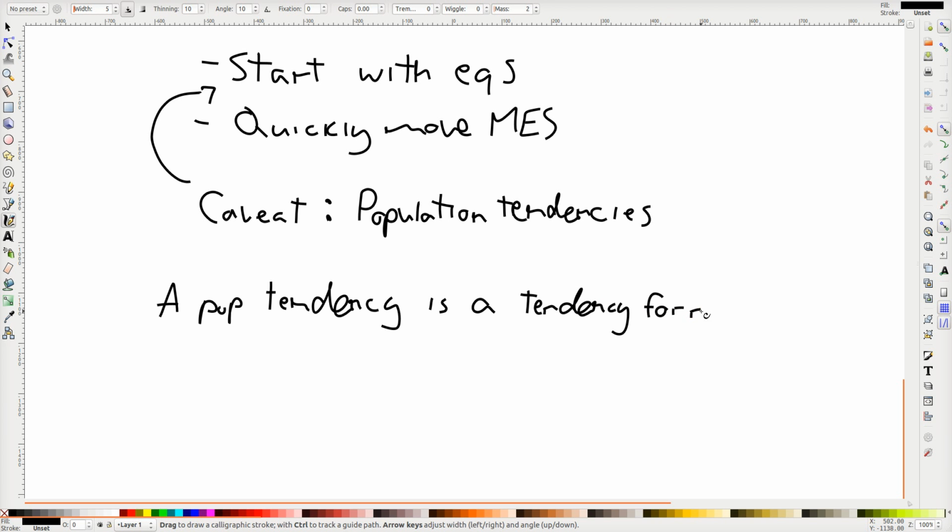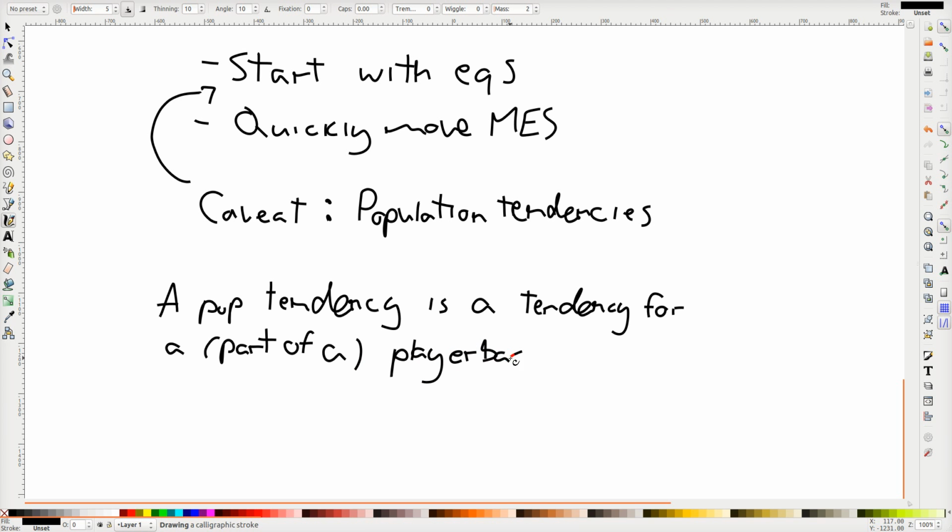When I say a population, I mean a player base, or a part of a player base. So it's a tendency for a part of a player base to play in a certain way. All right, let me give you some examples.